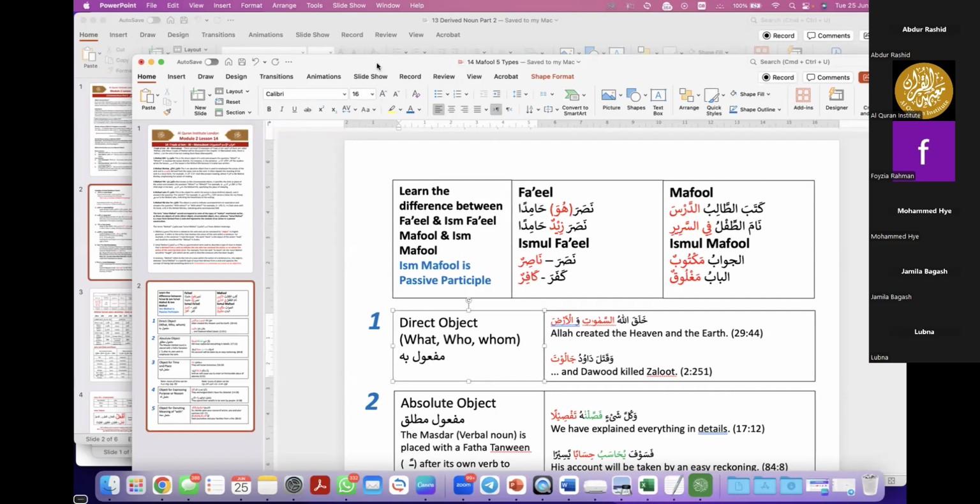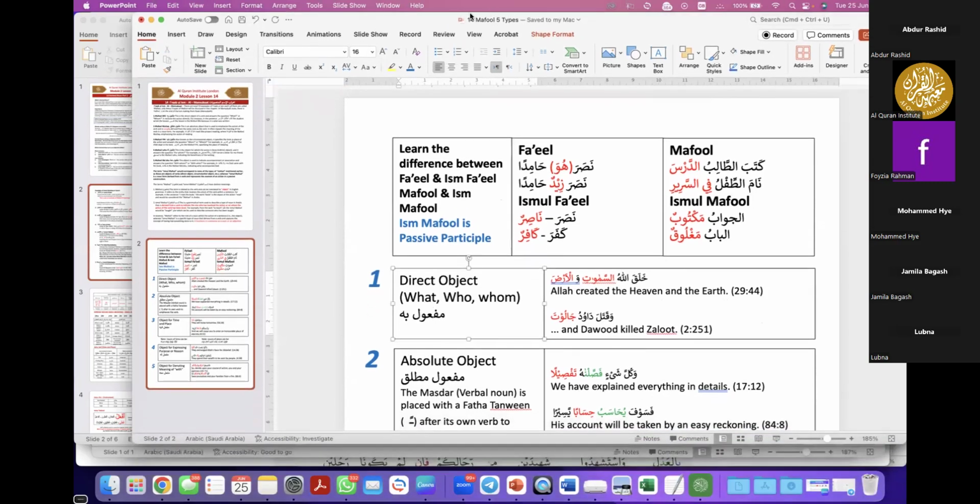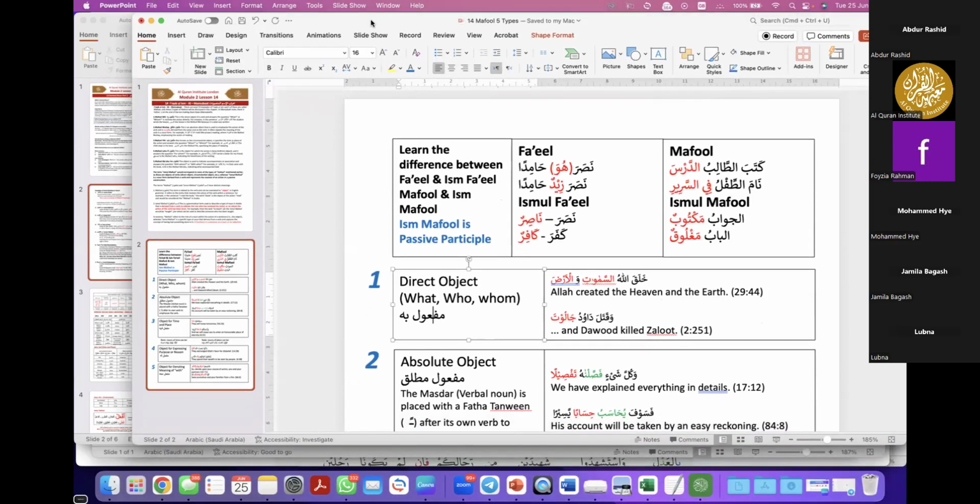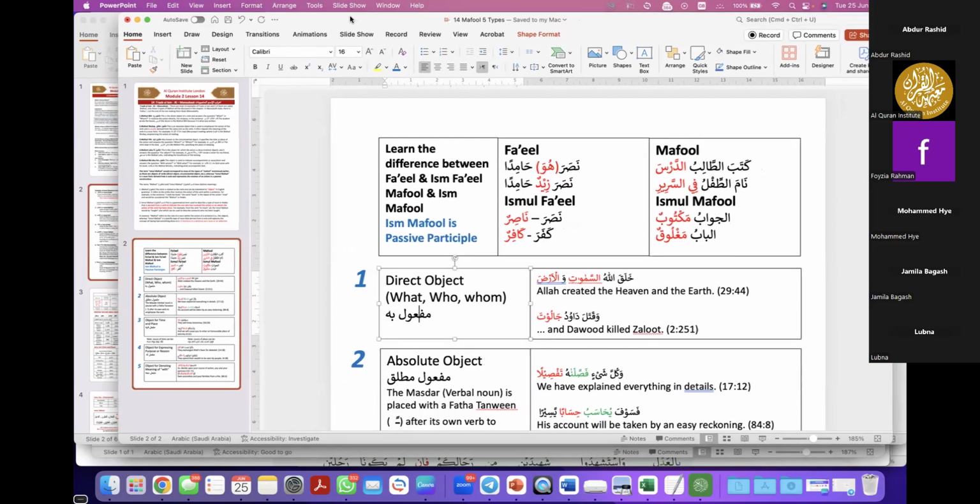For the ismul maf'ul, its function in the sentence is different from these five maf'uls. Their function is either to function as a verb, especially in the case of ismul fa'il and ismul maf'ul, they function as a verb in the sentence, or, like you stated earlier, they all have sifat, property, and all that doesn't apply to these five maf'ul.